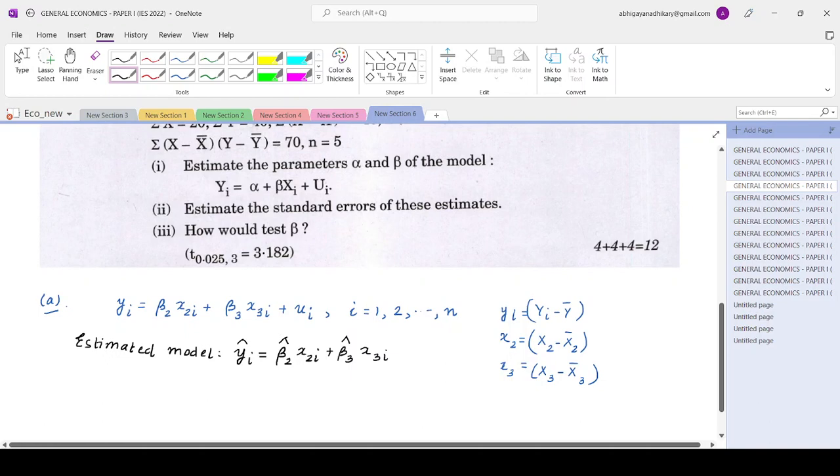And to estimate this model, by which I mean to estimate the parameters beta 2 hat and beta 3 hat, we use the OLS technique, ordinary least squares, that we have done. We use the OLS method.